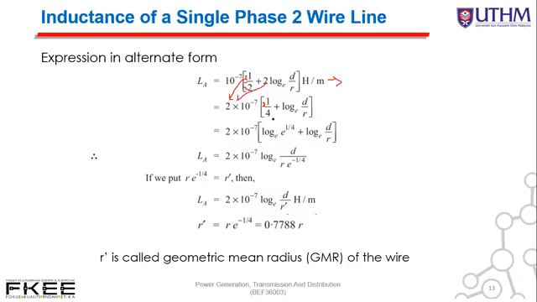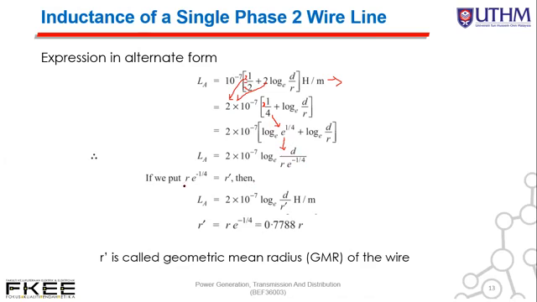Further, 1 over 4, if we convert it into a log exponent, we can simply write it as log exponent 1 over 4. From this you can simplify the equation further, that is, log exponent D over R exponent minus 1 over 4.